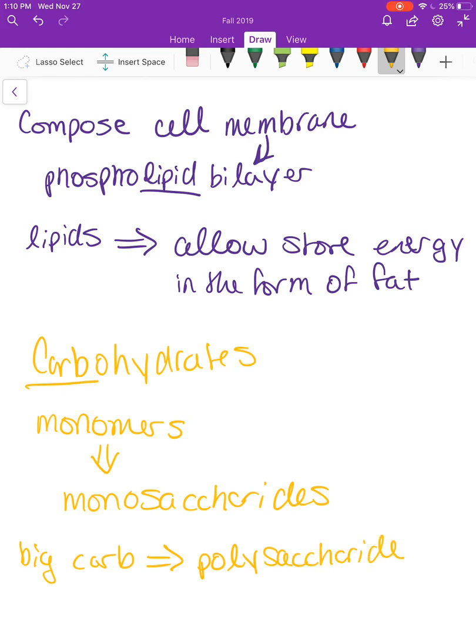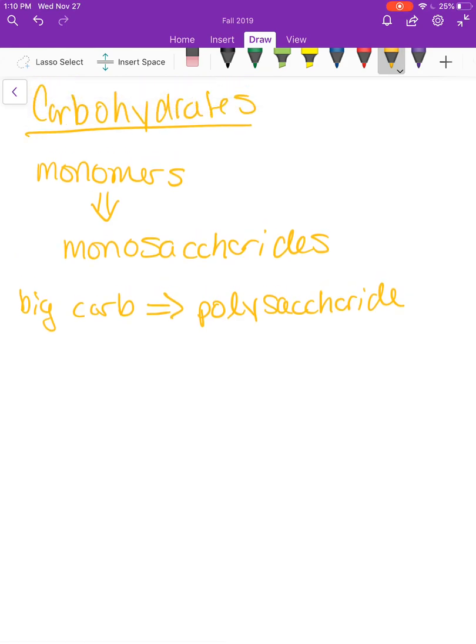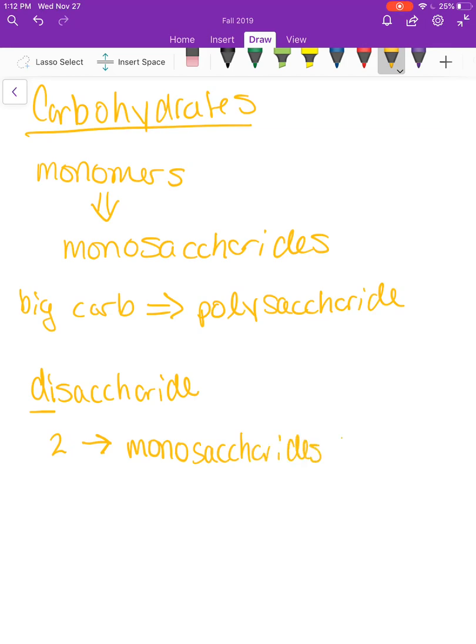And carbs are special because there's actually one more category for them, and that is a disaccharide. If you know what di means from taking a foreign language, it means two. So there are two monosaccharides that are put together.